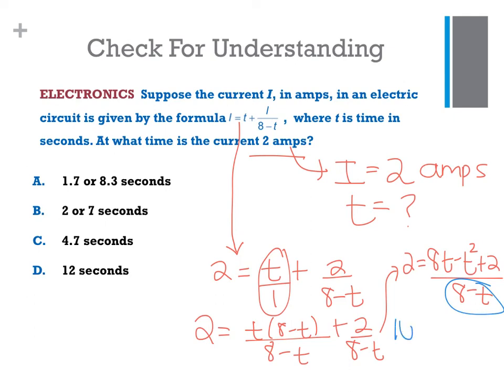So I get 16 minus 2t equals negative t squared plus 8t plus 1. This is a plus here, by the way. It looks like a 1, but it's actually a plus. I need to get all the terms on the same side of the equation, so I'm going to do that on the next slide and go ahead and solve the quadratic.